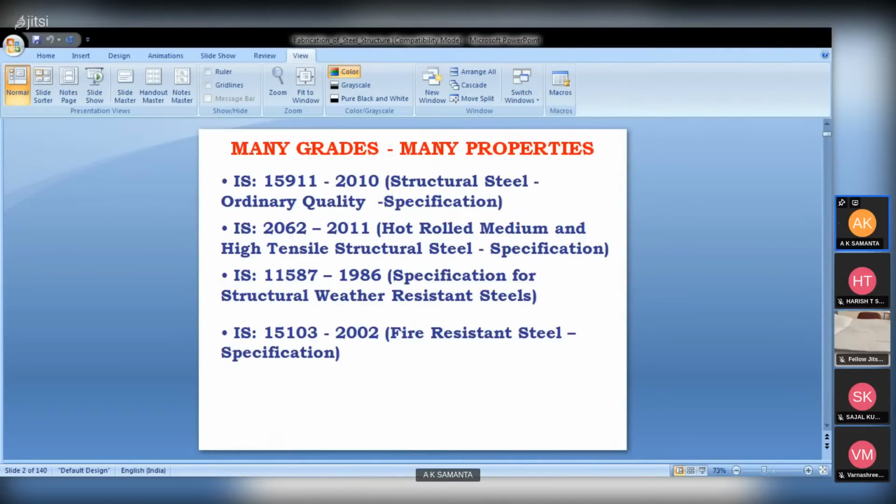As I have told you, hardly any structure is subjected to both fire and corrosion. Normally, a structure in open atmosphere is subjected to corrosion, but when steel is used in a building, it will be subjected to fire.